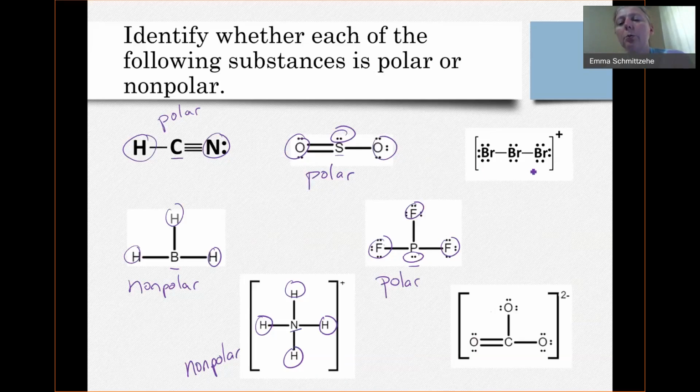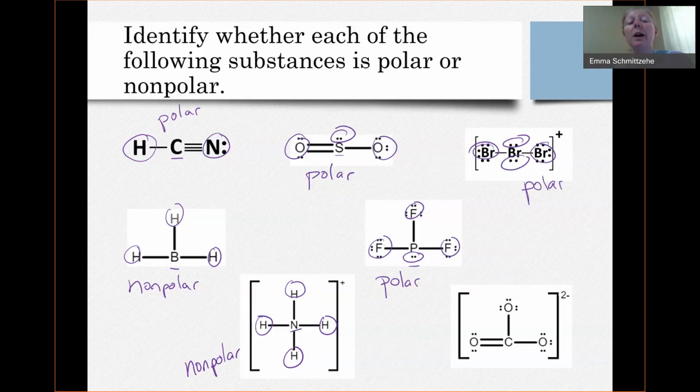Now the Br3 plus. The bromine has a bromine attached, another bromine attached, a lone pair, and a lone pair. So again, we have a central atom that has lone pairs on it, so it's got to be polar. I know it looks like you've got a lone pair on top and a lone pair on bottom, so they're completely opposite and should cancel, but they're not, because three-dimensionally that stuff is arranged in a tetrahedral structure.